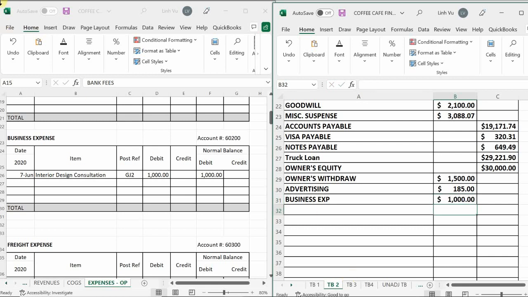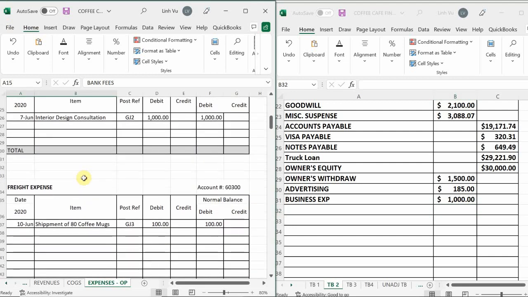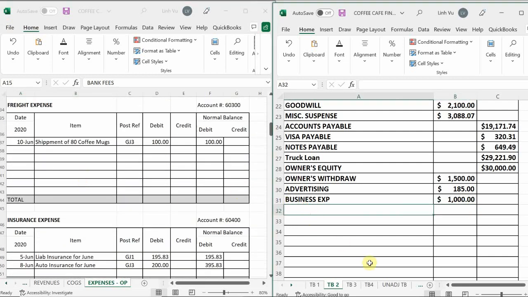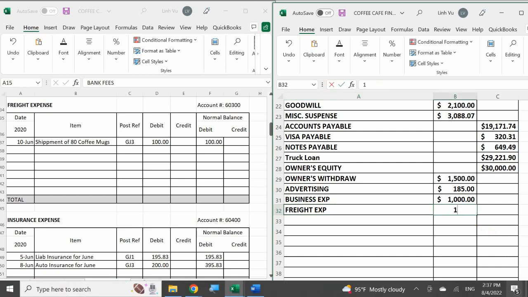Yes. What about freight expense? In May, we paid a shipping fee for the coffee mugs. Yes, we paid $100 to get the coffee mugs.